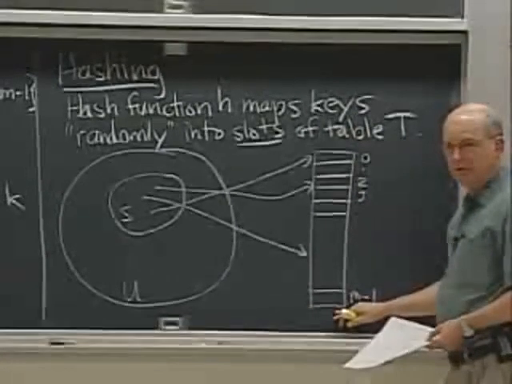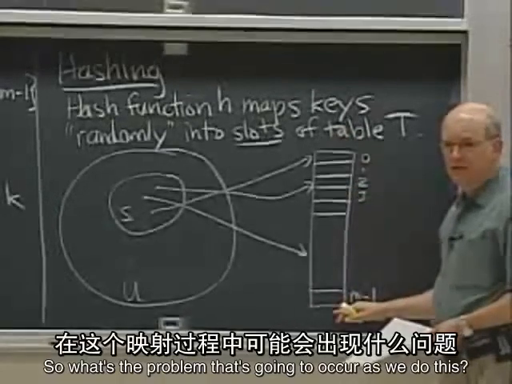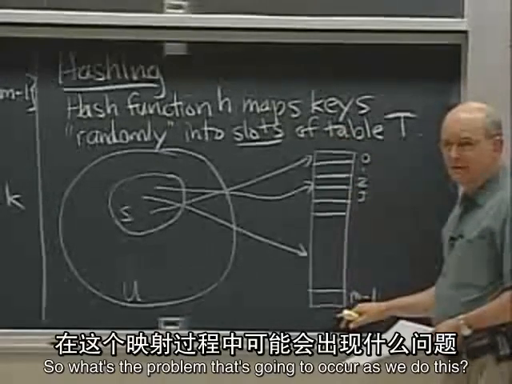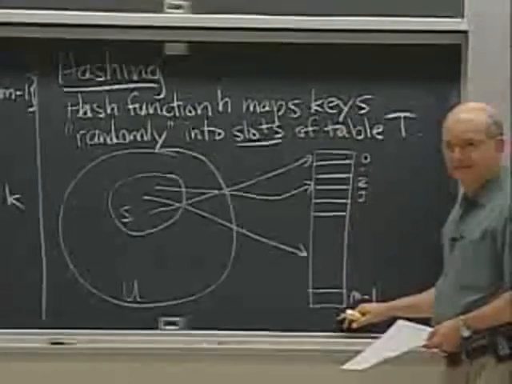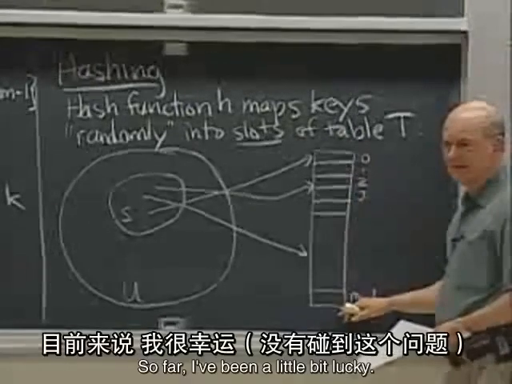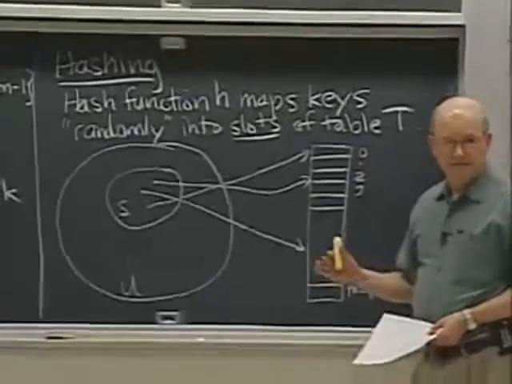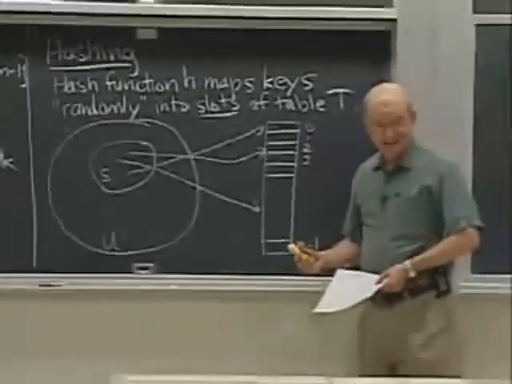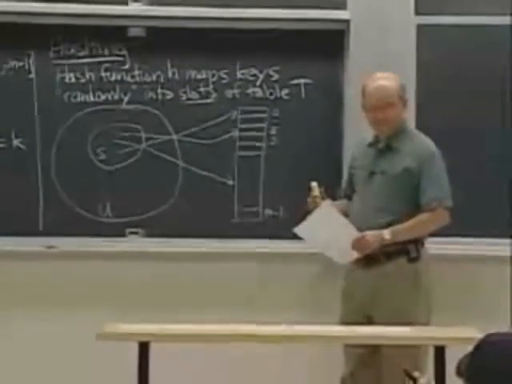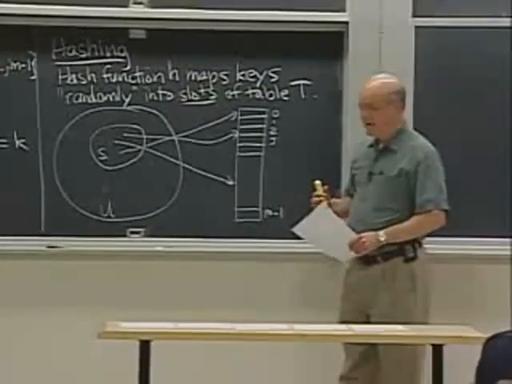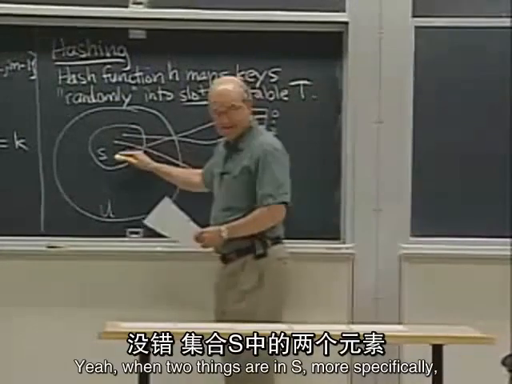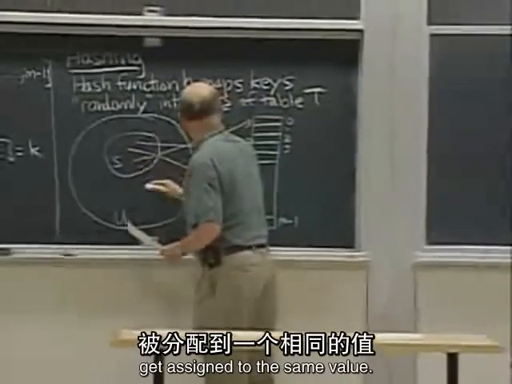So what's the problem that's going to occur as we do this? So far I've been a little bit lucky. What's the problem potentially going to be? When two things, or elements of S more specifically, get assigned to the same slot.